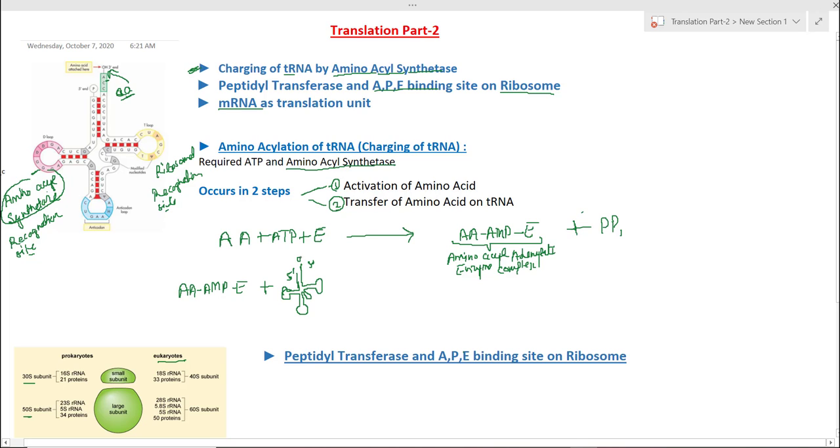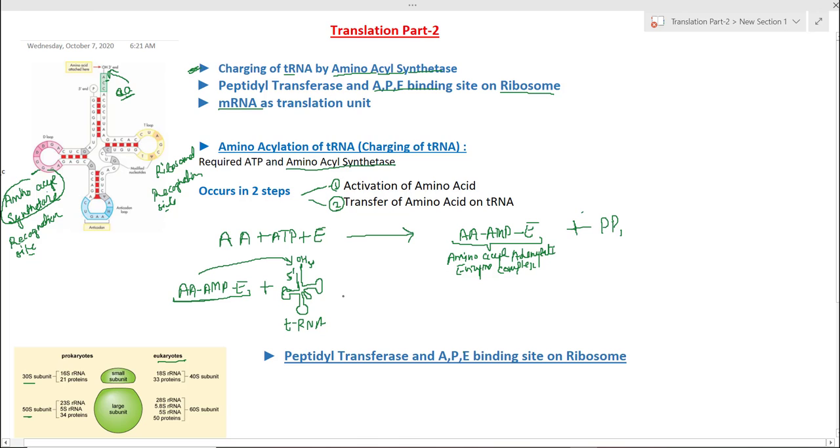The hydroxyl group is present over there, and this activated amino acid will bind here at the 3' end of the tRNA. This is our tRNA, and this is the activated amino acid or the amino acid adenylate enzyme complex.